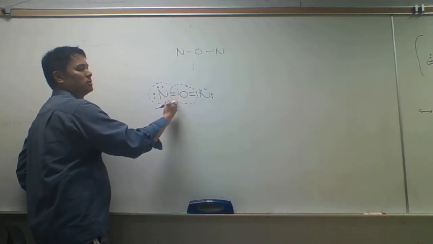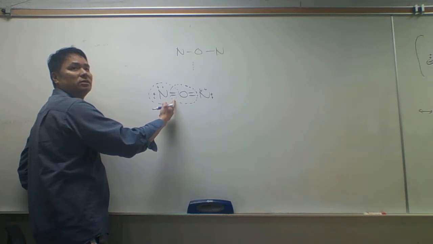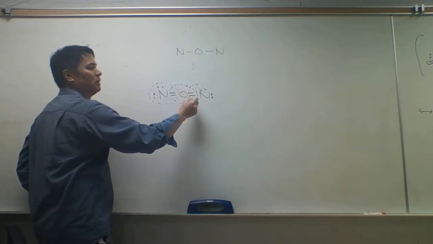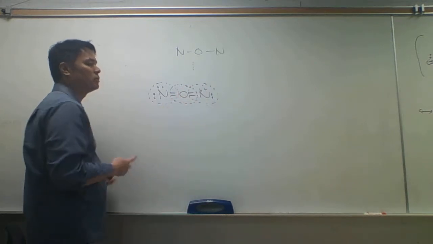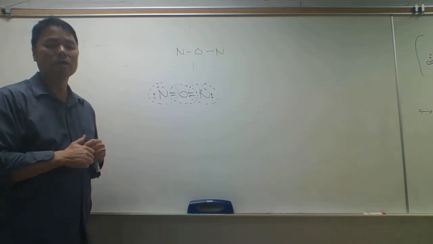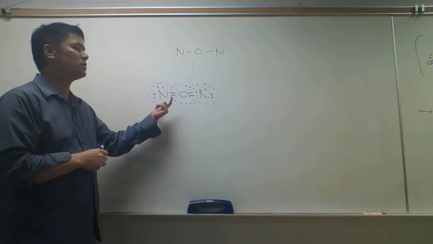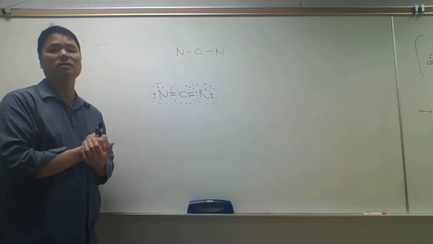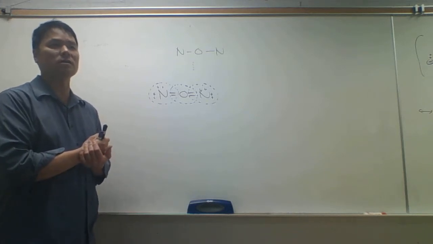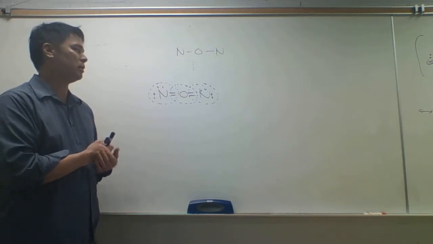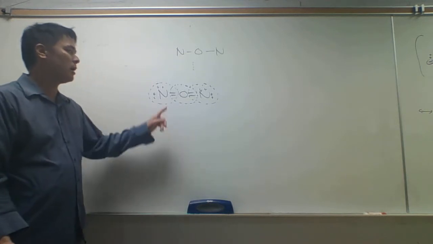Is there an octet surrounding the oxygen? Yes. And then over here, an octet. Yes, we should have an octet. We should not have more than an octet because this is nitrogen and oxygen. Oxygen and nitrogen cannot have more than 8 electrons surrounding it. Once we fill up that shell, it's done.